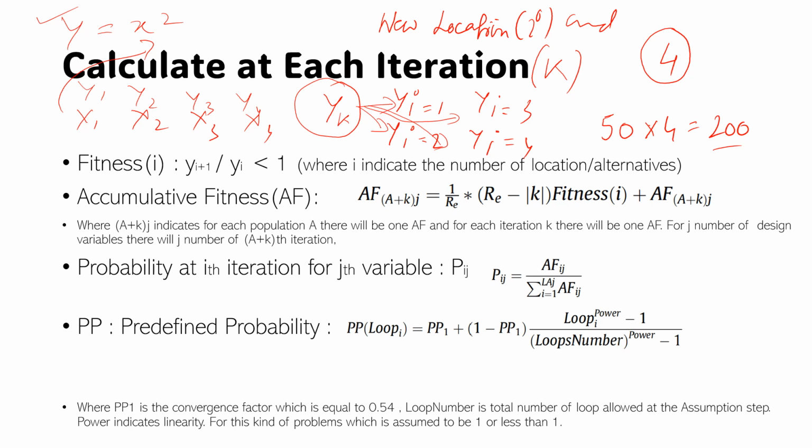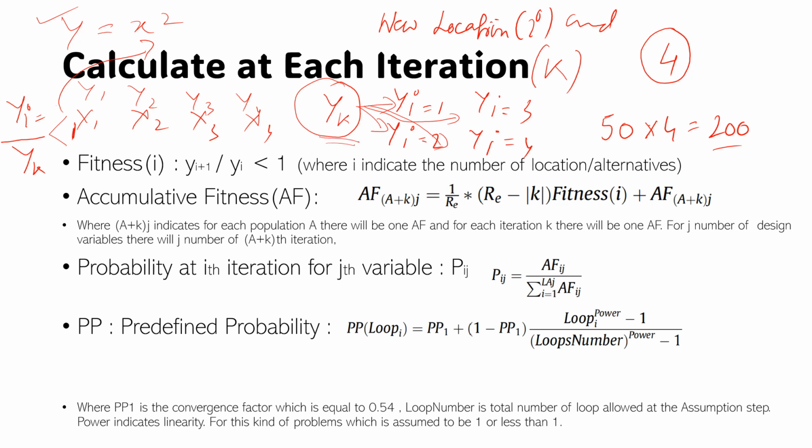And that fitness is, as usual, that the old yk must be less than the new yi's, where i equals 1, 2, 3, 4, whatever number of locations you have decided to take, and this must be less than 1. Frankly speaking, among these yi's you will check which one is the minimum y, and then you compare that minimum y with this old y.